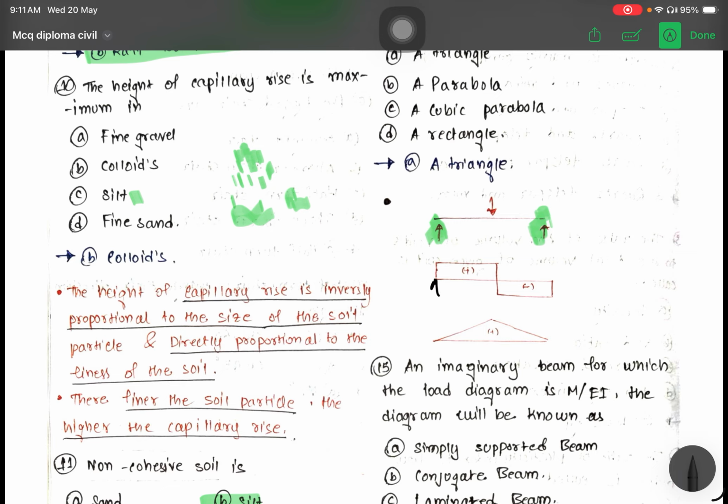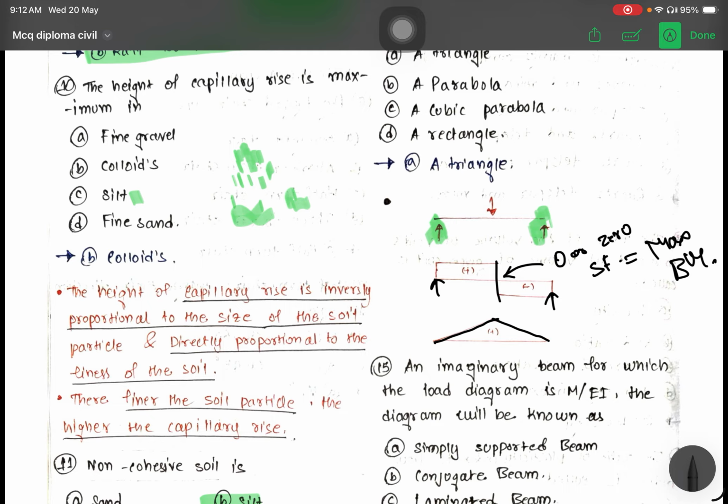Maximum reaction will be there, and where the shear force changes sign, there the shear force will be zero. Zero shear force is equal to maximum bending moment.